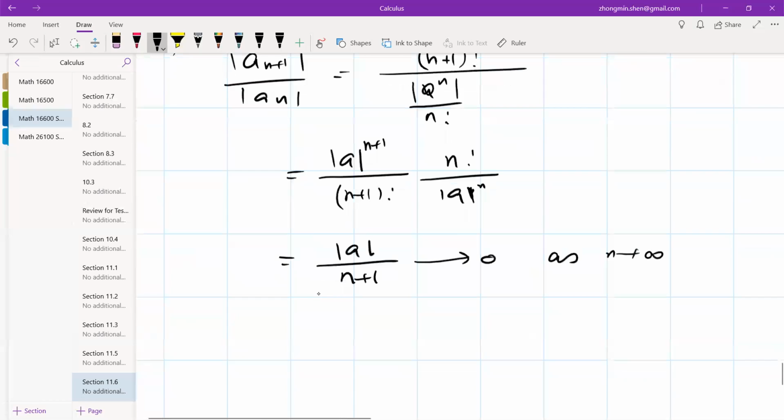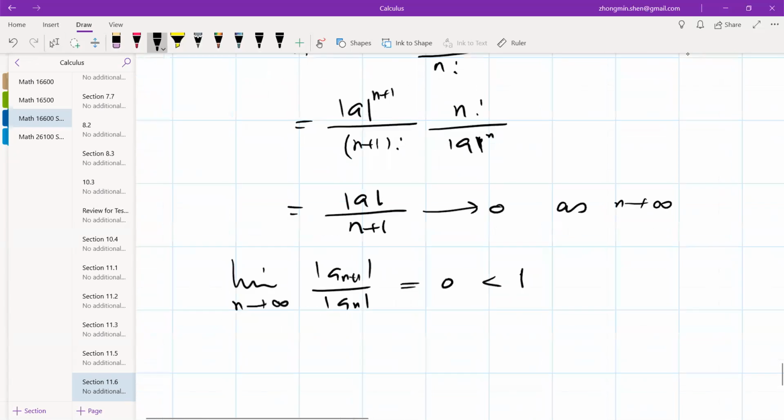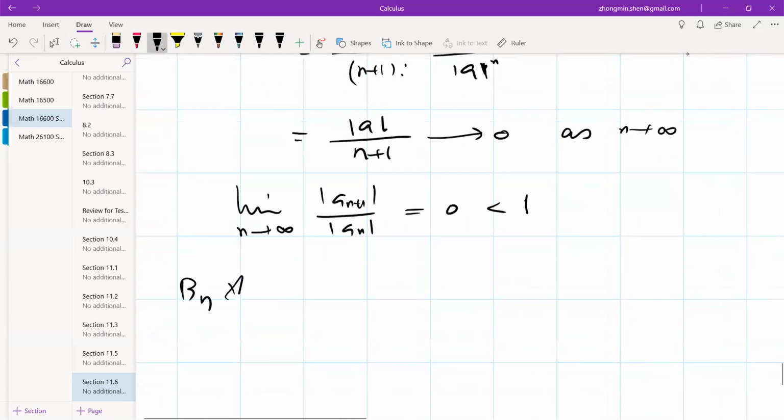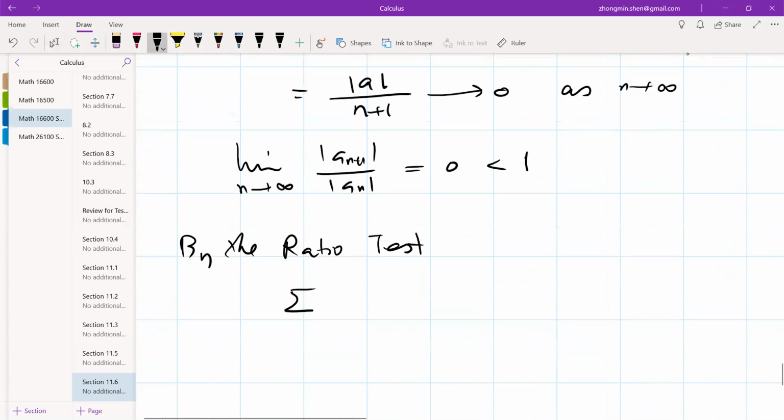All right, so that means the limit of this is actually going to be 0, which is much, much smaller than 1. Right, then by the ratio test, you don't need to repeat the argument in the proof of the ratio test. You can show that the sum of a to the power n over n factorial is convergent.